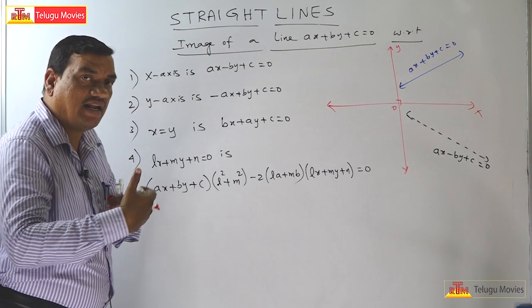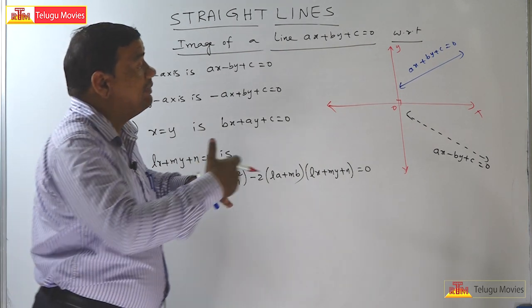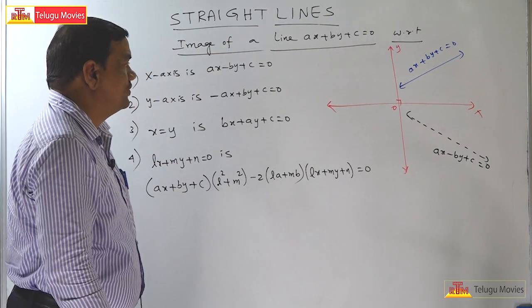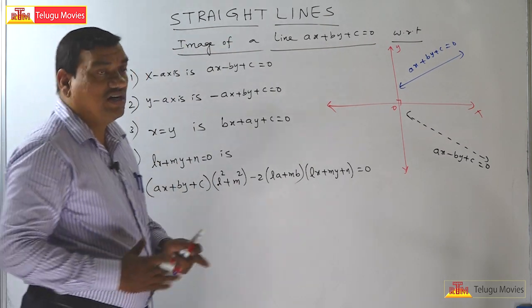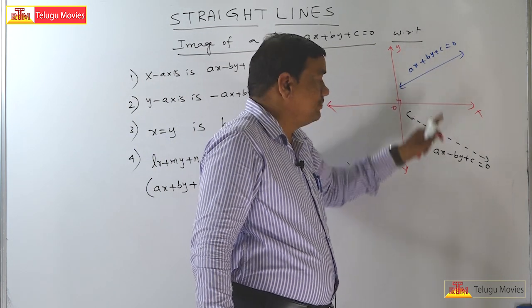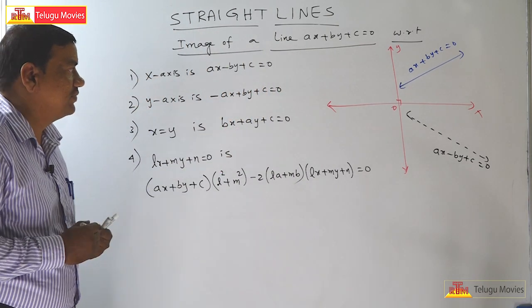If the original line is below the x-axis, the image will be above the x-axis. So what is changed? Just the y coefficient is changed. If it is plus b, here we are getting minus b. That's all. Just the y coordinate is changed.